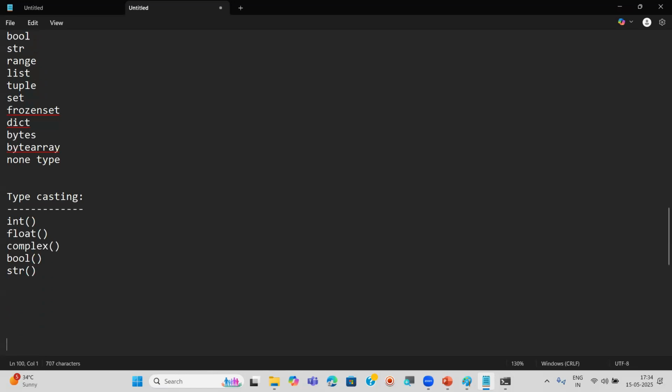If you use parentheses, it becomes a function. Parentheses means brackets, right? Now, the first one, the int function, will convert other types to integer type. Float to integer, complex to integer, boolean to integer, string to integer. If you want to convert, you can use the int function. Let me show this practically.